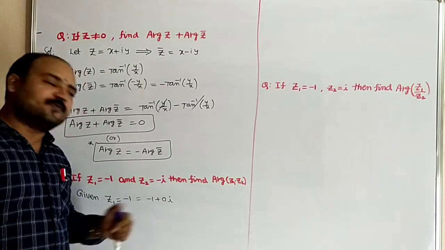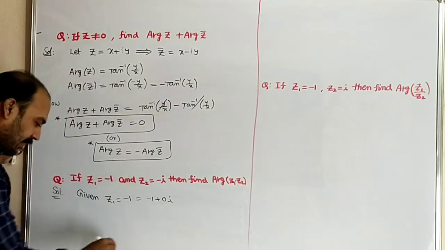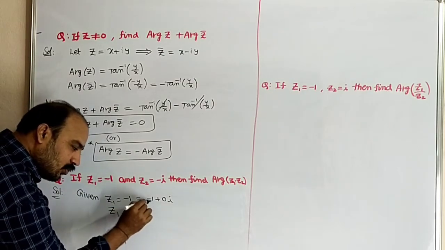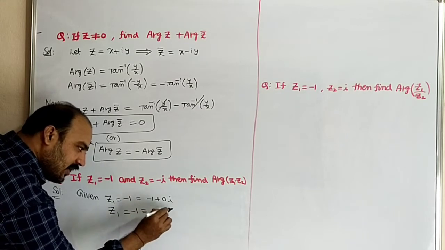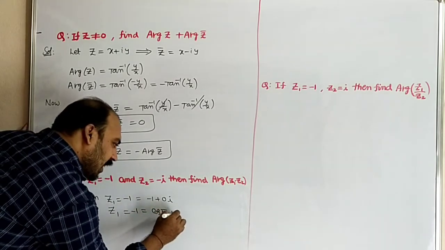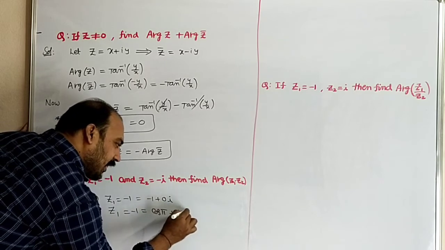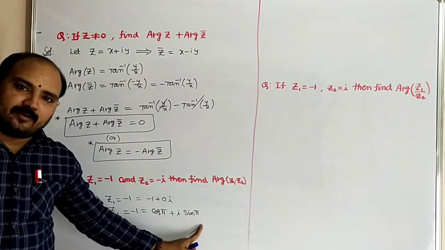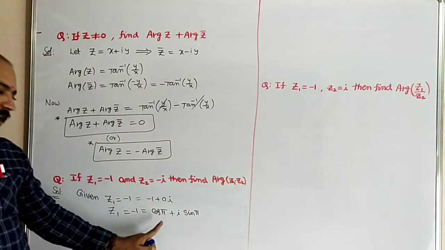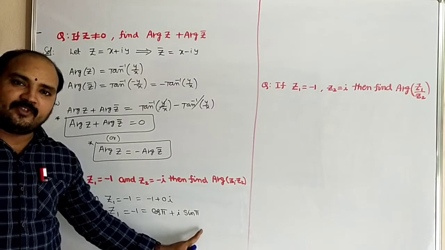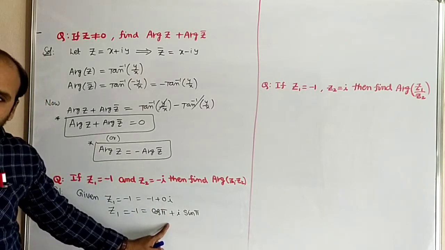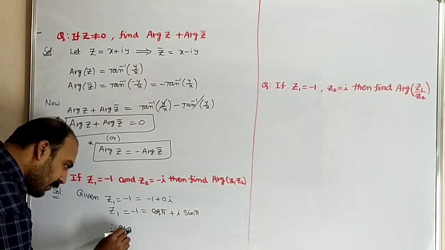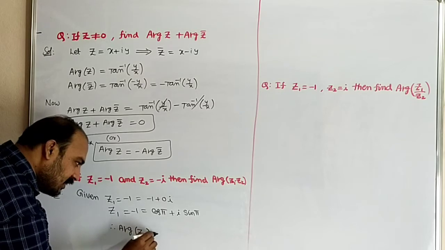So z1 is equal to cos pi, whose value is minus 1, plus i into sin pi, whose value is 0. It is in the form of cos theta plus i sin theta. Whenever the complex number z can be written as cos theta plus i sin theta, then the argument of z is theta. In place of theta, pi is there. Therefore, argument of z1 is equal to pi.